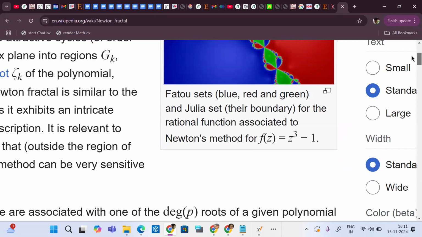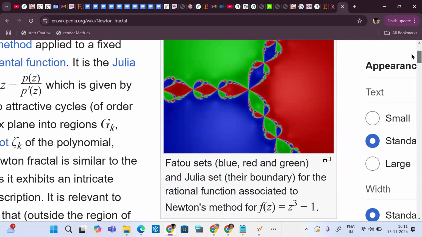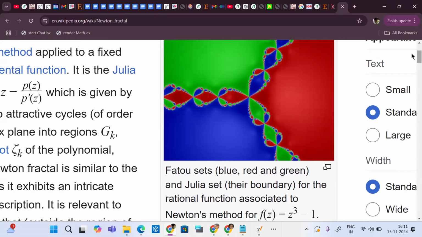What we are doing here is taking 3 different colors. Starting at any initial point on this domain, it will converge to the root marked by red. If you take any point here, it will converge to the root marked by green. Any initial condition here will converge to the root marked with blue.